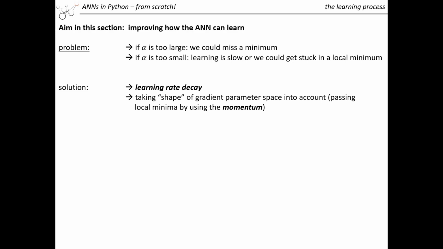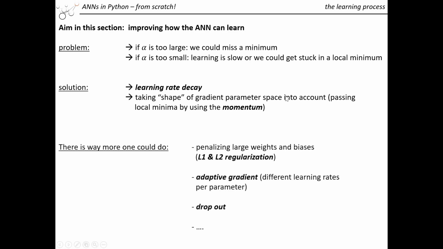So we want to have a large learning rate at the beginning, but a smaller learning rate that decreases with the iterations/epochs. And another thing is that we want to take the shape of the gradient into account, and we want to do this by adding a so-called momentum.